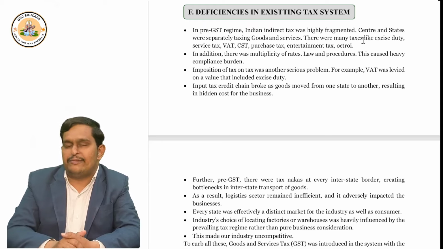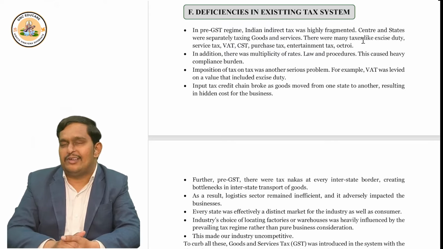But here you are paying 15 rupees to state government, 10 rupees to central government. They are not ready to adjust with each other. People are facing problems. Input tax credit means 15 minus 10. That minus 10, which we can do actually, is not allowed. That's the problem. Input tax credit not available.